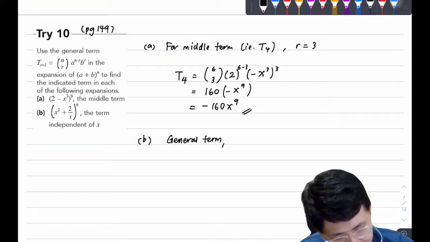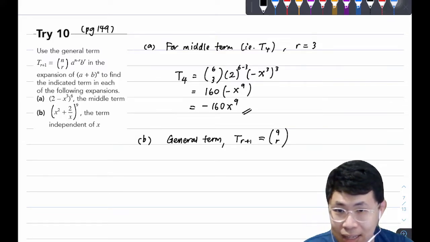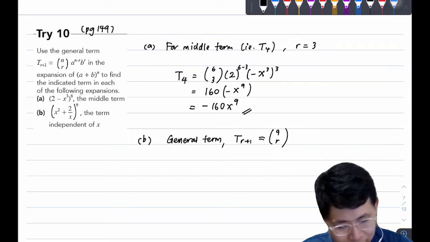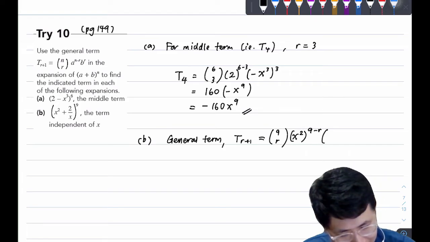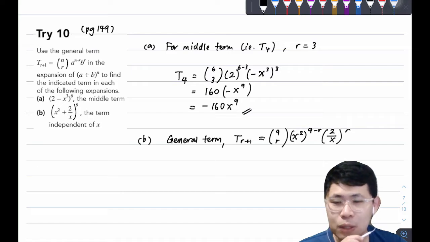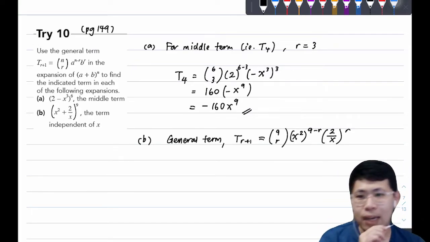For the general term, t sub r plus 1, this would be n choose r. The n is 9, and r is the unknown r first, of a to the power of n minus r, and we have b to the power of r. Over here, it will be good to use the laws of indices to consolidate all the x's together.